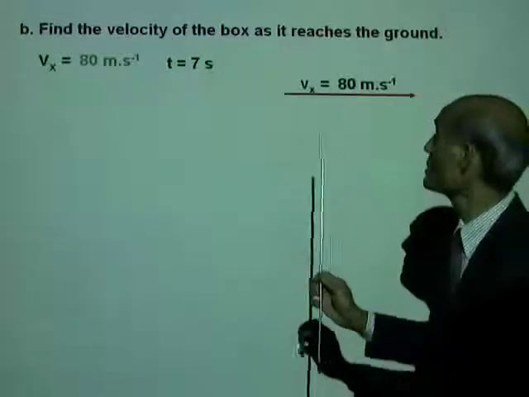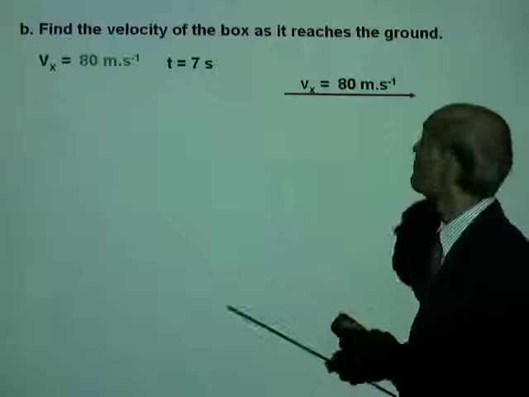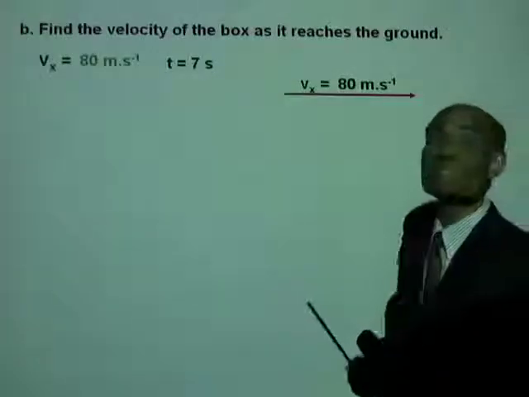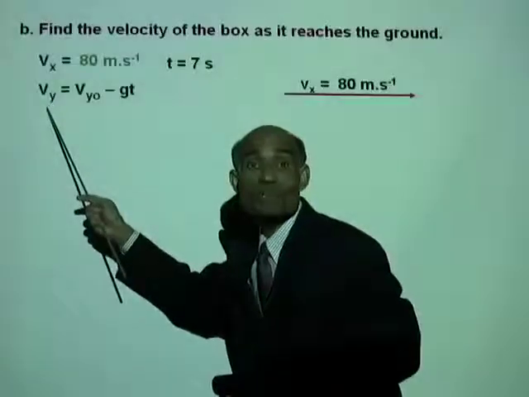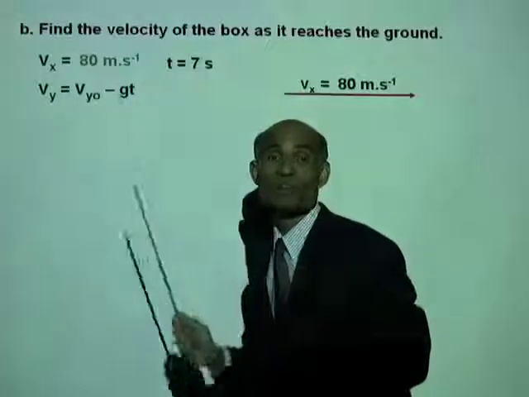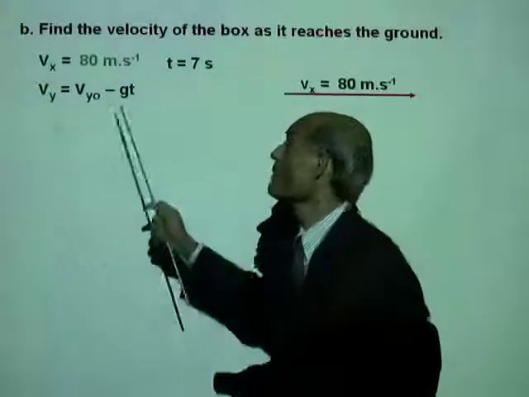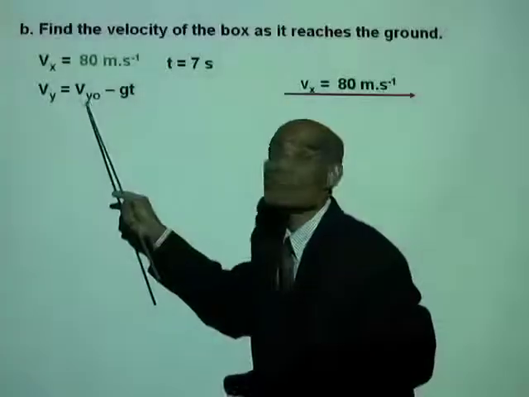All right, let's find these velocities. Its horizontal velocity is Vx equal to 80 meters per second. And we will find the vertical velocity using this equation. Vy equal to Vy0 minus gt. Now, what is Vy0?